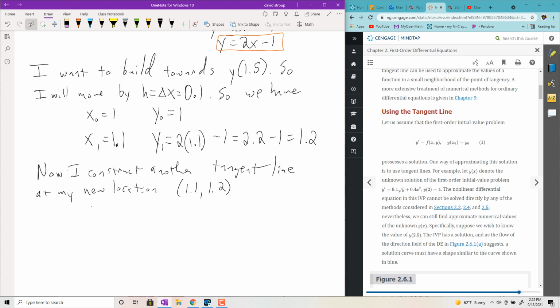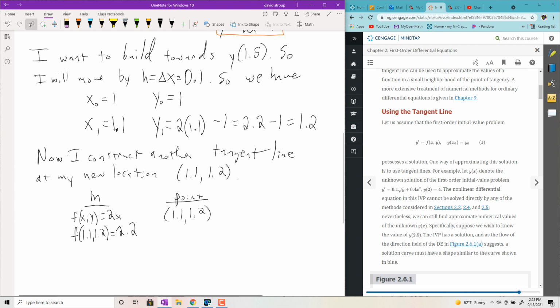Again, I need a slope, and I can find that from the f of x y formula, which is 2x. So this time the slope will be, I don't need the 1.2, it'll just be 2.2. And my point is just 1.1 comma 1.2, the new point.